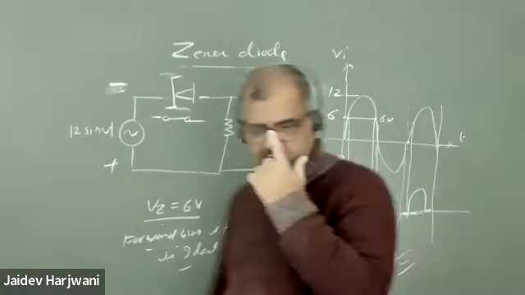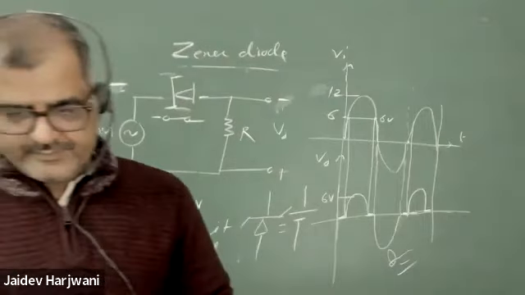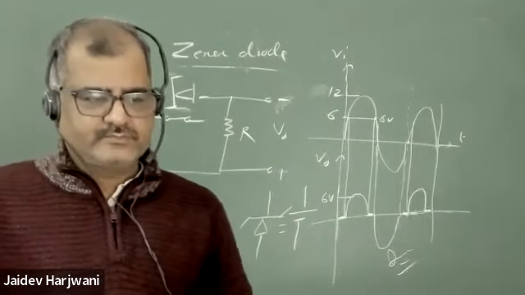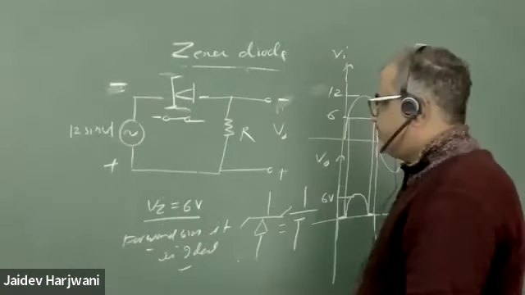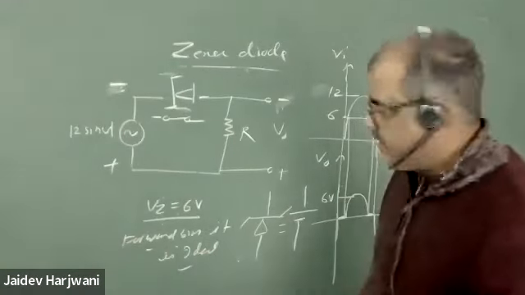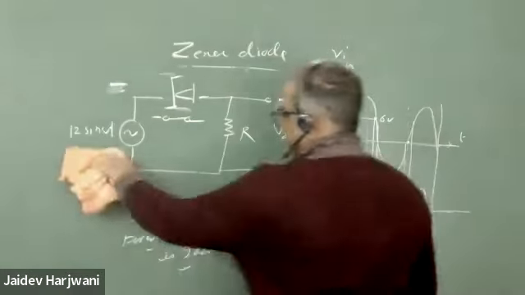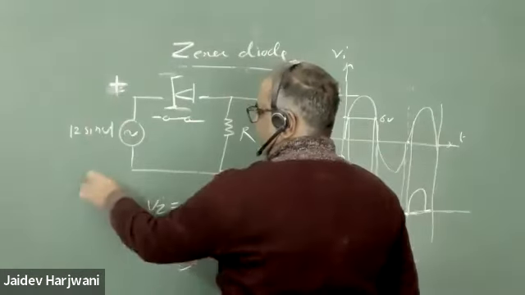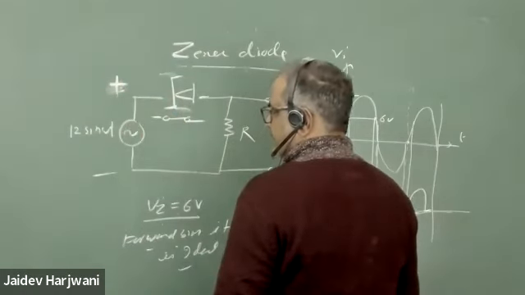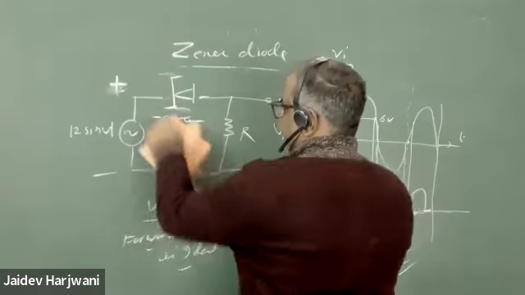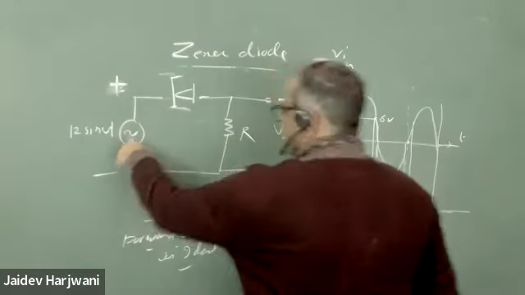Any doubt in this problem? Please tell me. See, during the positive cycle, this is positive, this is negative, so this is reverse bias. But this voltage varies from 0 to 12.